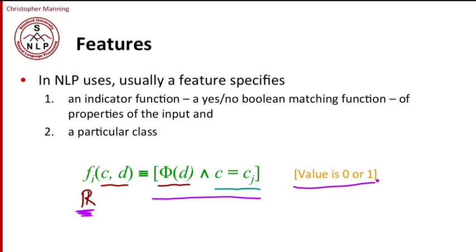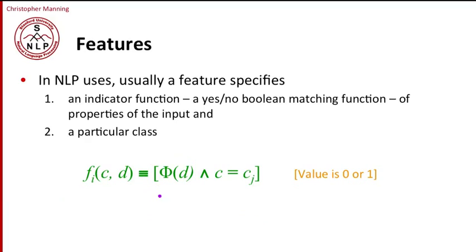Now, every feature that we're going to present in this class is of exactly this form, and that's true of 99% of how these features have been used in natural language processing work. And so we can equally say that phi d is a feature of the data D when for each class Cj, the conjunction phi d and C equals Cj is a feature of a class data pair, and so that's our fi feature.